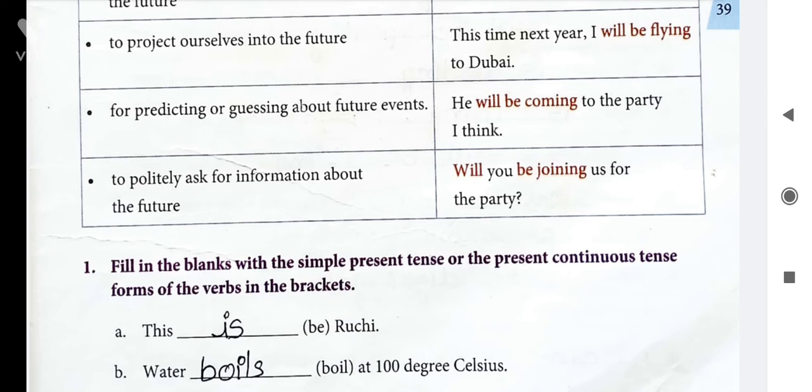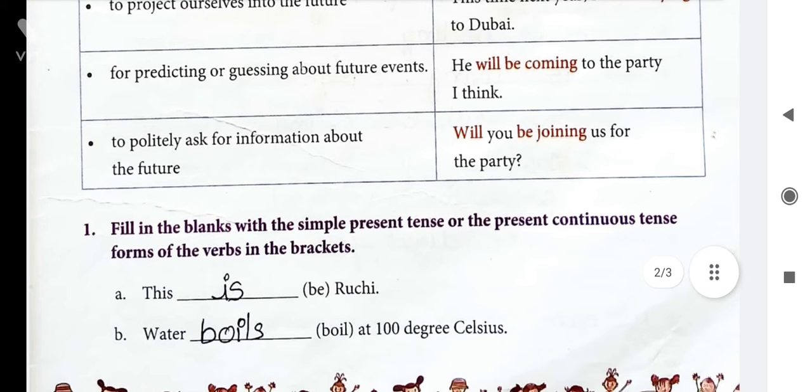Like, he will be coming to the party, I think. She will be competing in the UPSC exams next week, I think. You are not sure about it, but sometime in the future it might happen.